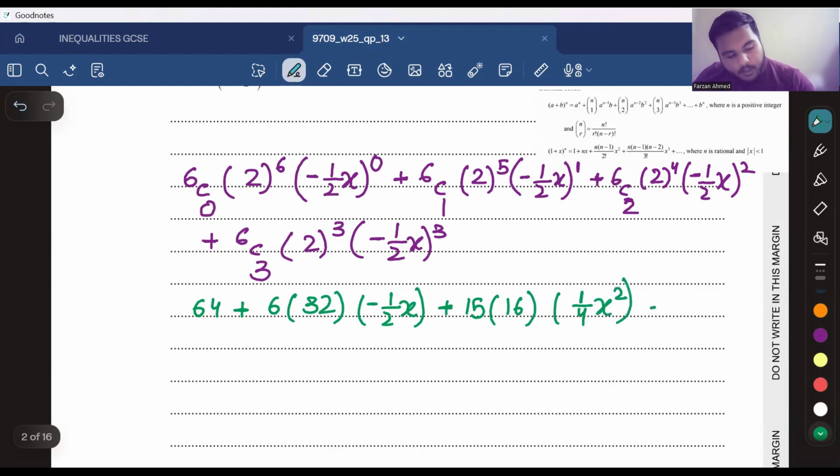Now plus 6C3 is 20, 2 raised to power 3 is 8, and this will be minus 1 upon 2 x raised to power 3.